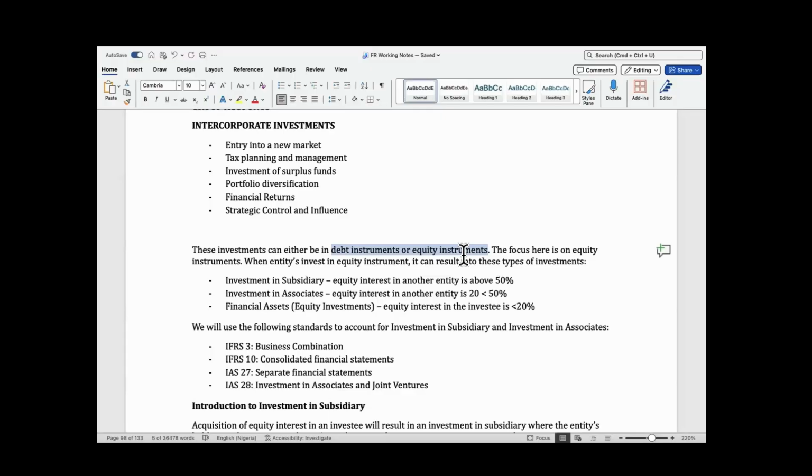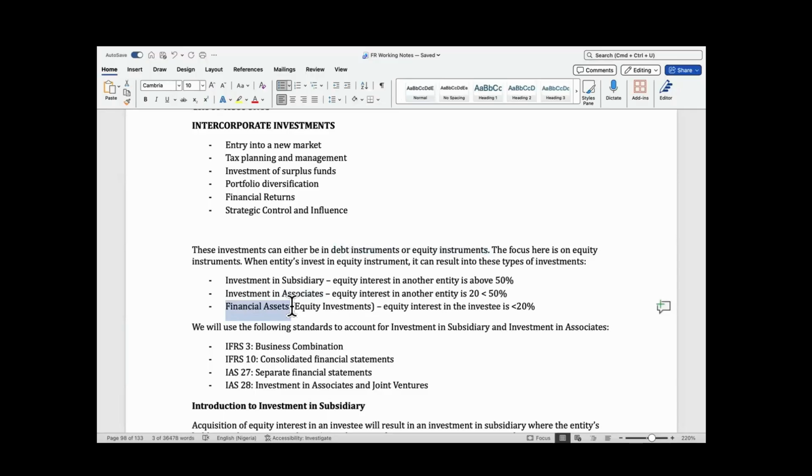So you see, when a company invests in equity, it will result in these types of investments. Number one is investment in subsidiary. Number two is investment in associates. And number three is simple investment, or financial assets, or equity investment.